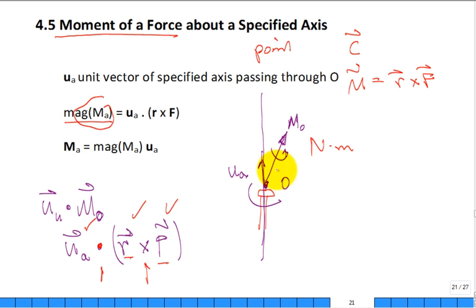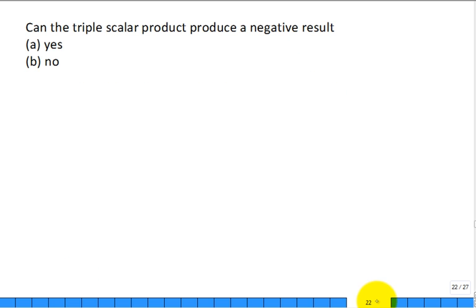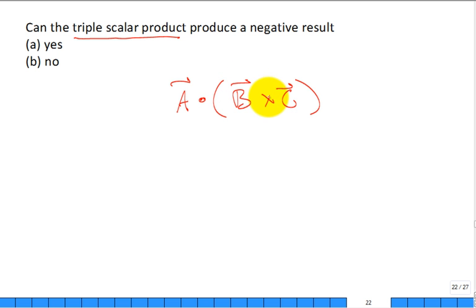If you want to re-express it as a vector, just multiply back by u_a, and you have a vector for that moment about the axis A. So what is the triple scalar product? If I had a vector A, I could dot it with another vector that comes from B cross C. This would be a triple scalar product.